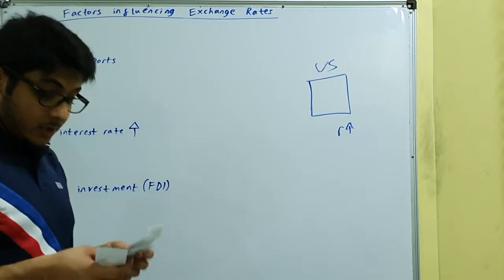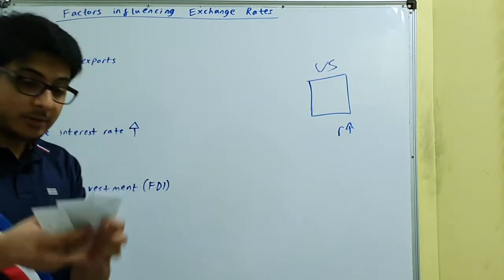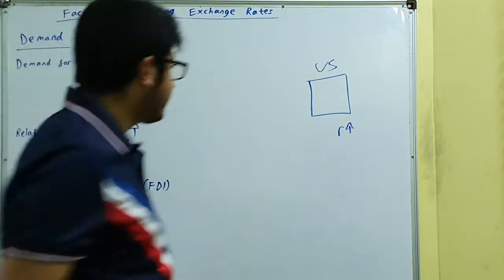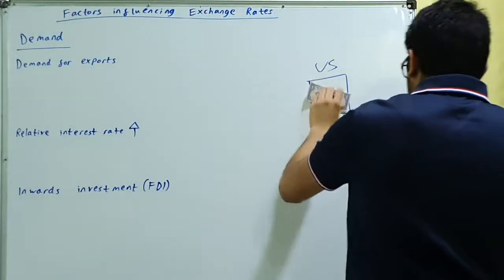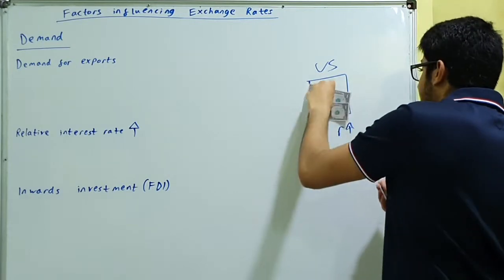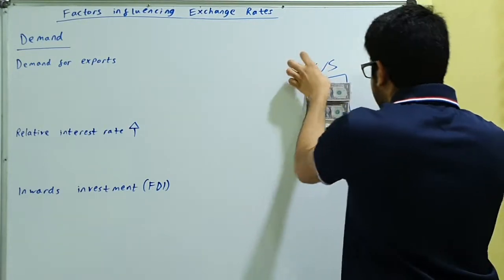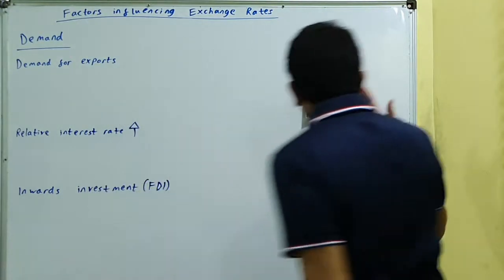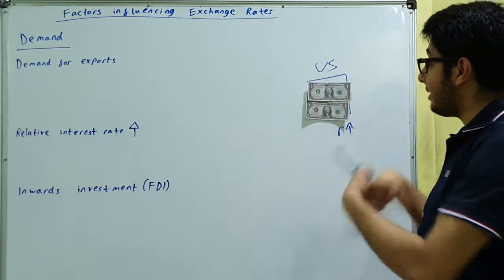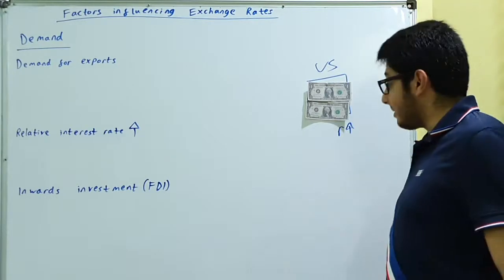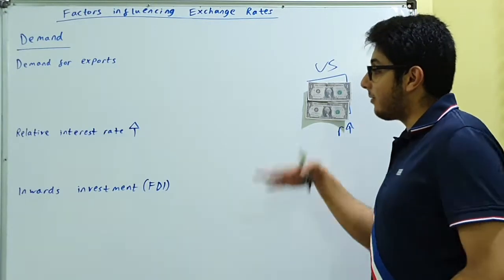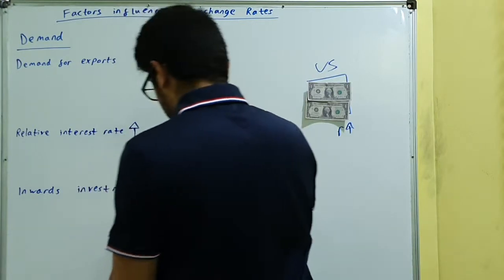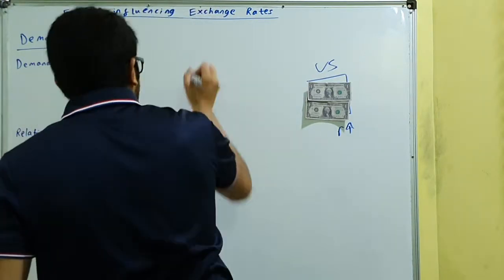So they're going to need to exchange their pounds for dollars. And that means that the demand for the dollar will increase. Here's me just putting the dollars inside the bank, and then I'm going to get a higher return on my savings. So demand for the dollar increases, as I showed you with the previous diagram.